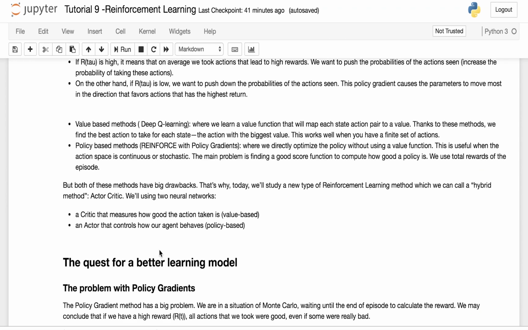Some hybrid algorithm can help. Its name is Actor Critic. It has the benefits of both of these methods and can solve bigger problems, and we will present it now.